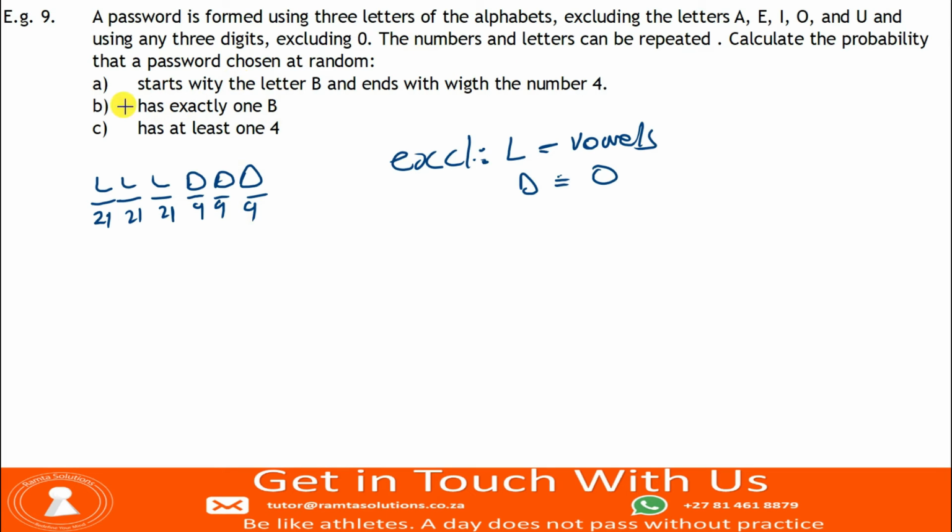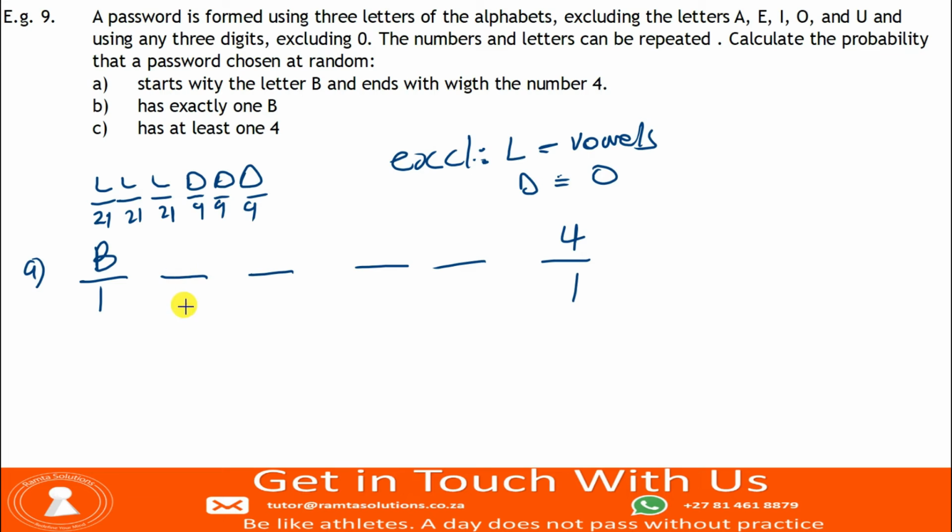Now calculate the probability that a password chosen at random starts with the letter B and ends with the number 4. The digits may be repeated. So you start with B, that's 1, and you end with digit 4, that's 1.